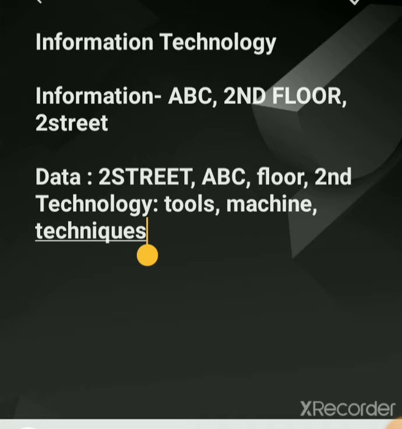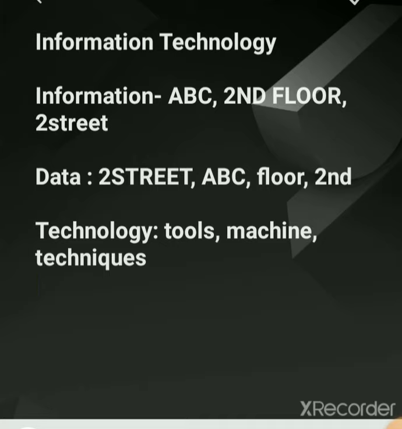So now we will define what is information technology, also called IT. In all, information technology is to process this data to get information. We want information, meaning output. Suppose 2 plus 2, we want 4, or 2 plus 3, we want 5. We want the result.